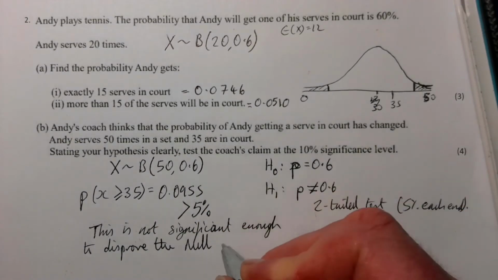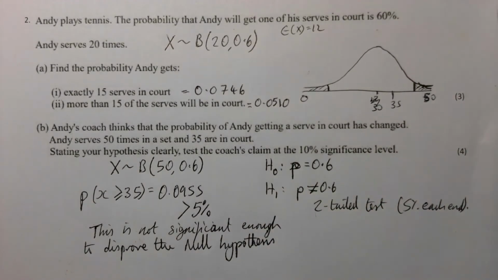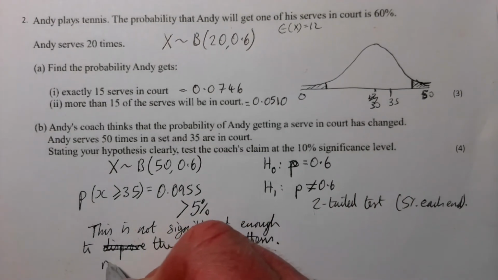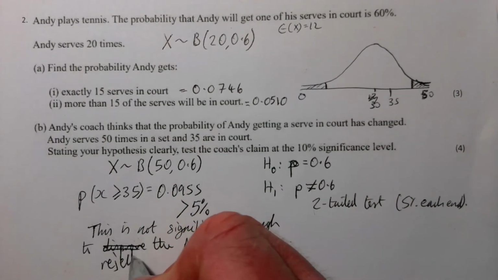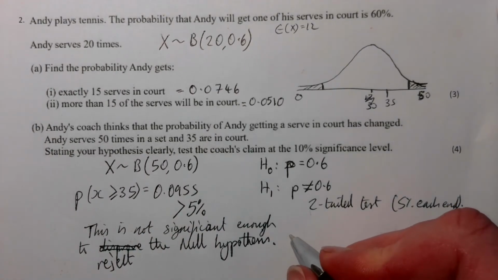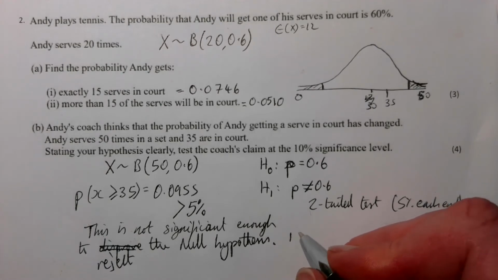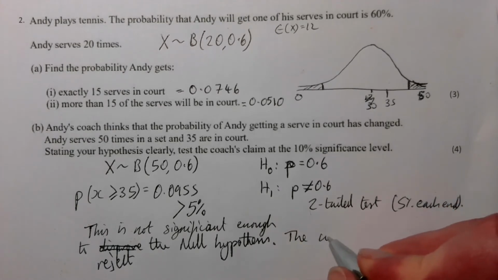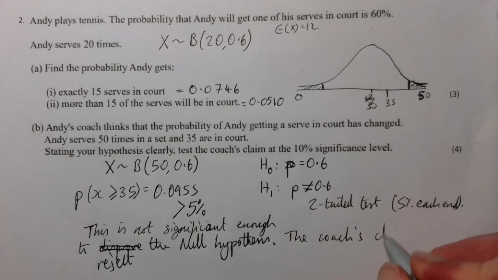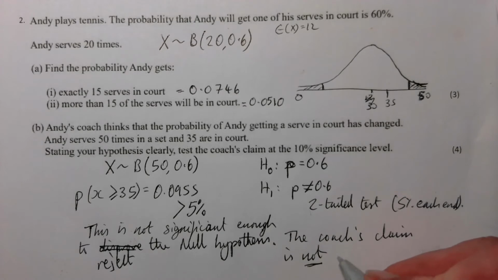You can write H0, and they do want you to be quite specific about it. Or instead of disprove, better is reject. Not significant enough to reject the null hypothesis. There is not enough evidence to support the coach's claim, so the coach's claim is not supported.